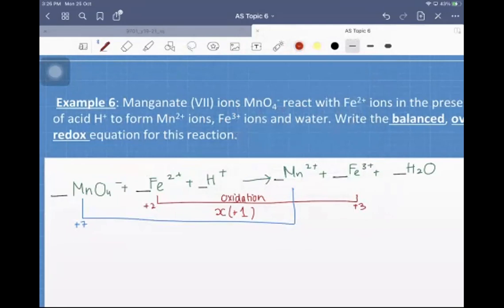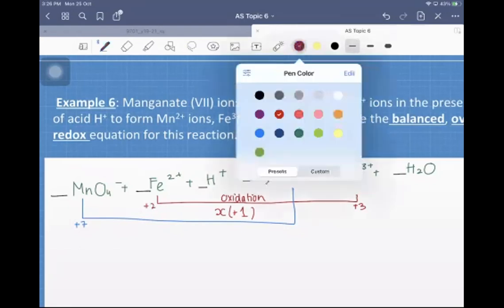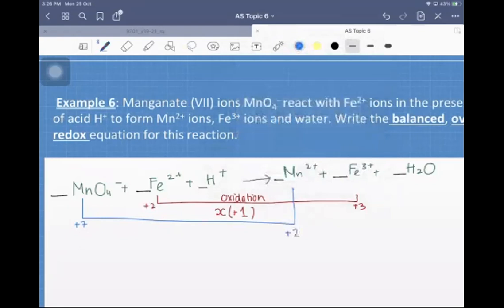Manganese is going from +7 to +2. All right, so this +7 to +2 is Y lots of 5. That means this is reduction, -5, since it's a decrease in oxidation number.